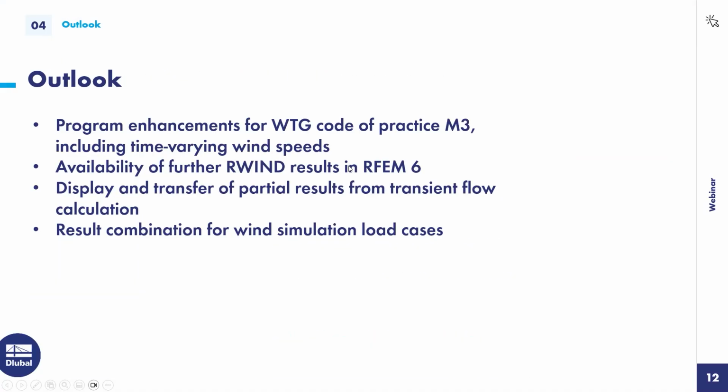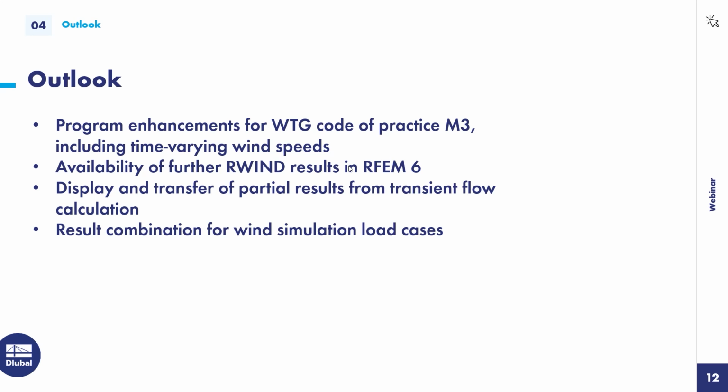Then to the last part of today's webinar, the outlook on the upcoming features. So we are currently working on program enhancements to meet the requirements of the WTG Code of Practice number M3.